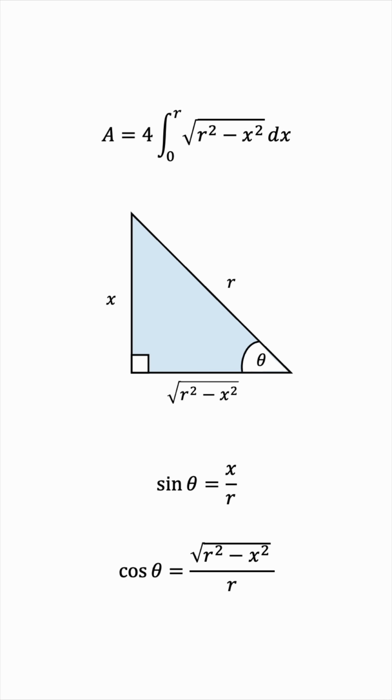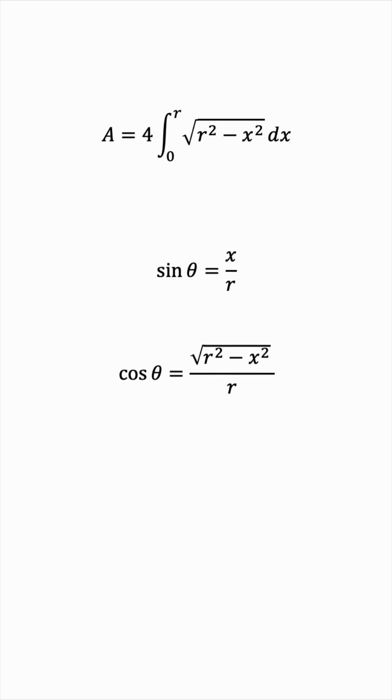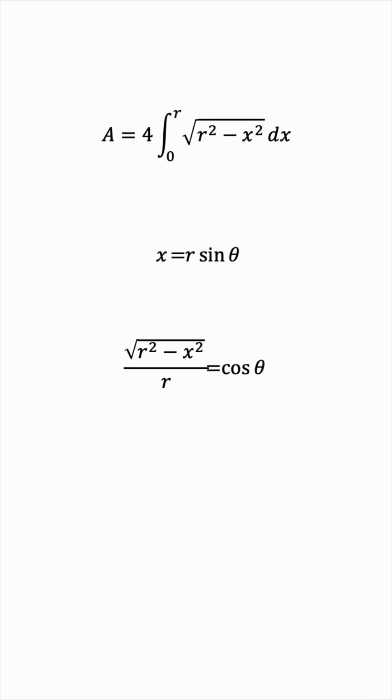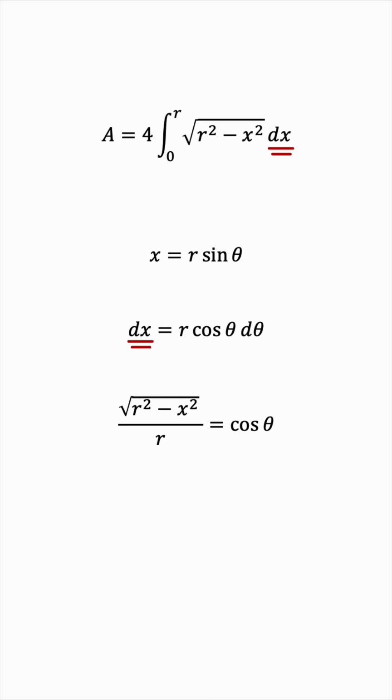So this will allow us to take the integral from the x world to the theta world. To do this, we have to find dx to replace it in the integral. If we multiply both sides by r, we have x equals r sine theta. So differentiating both sides, we get dx equals r cosine theta d theta. And this will go instead of dx in the integral.